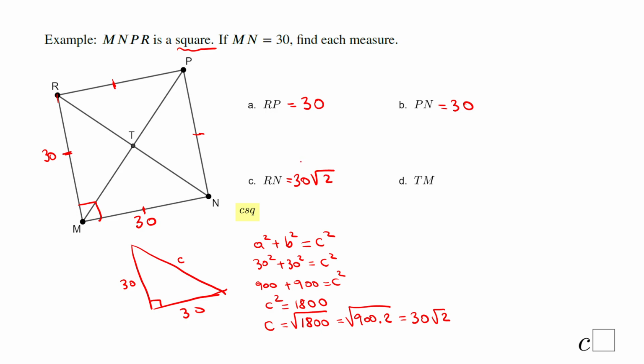And now let's take a look at TM. This is TM, okay, which is the same as RT and TN or TP, but very important, it's the same as, for example, RT. So how do we get RT? RT will be half of RN.